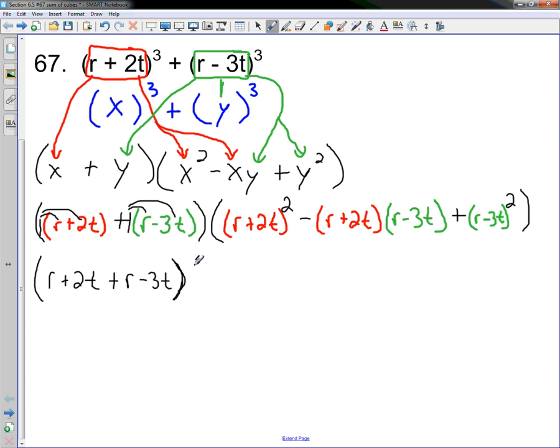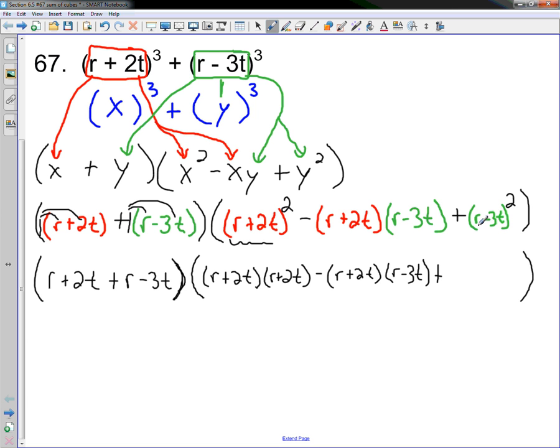Now our second parenthesis is going to be a lot more work. What you need to remember is r plus 2t squared is really r plus 2t times r plus 2t. So we're going to have to break that apart into two of them and then FOIL. The second one stays the same. We have r plus 2t times r minus 3t.